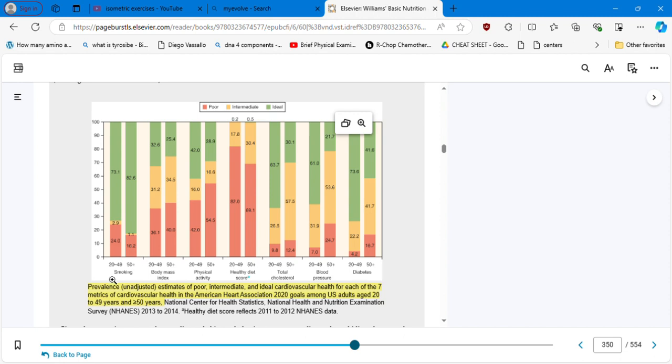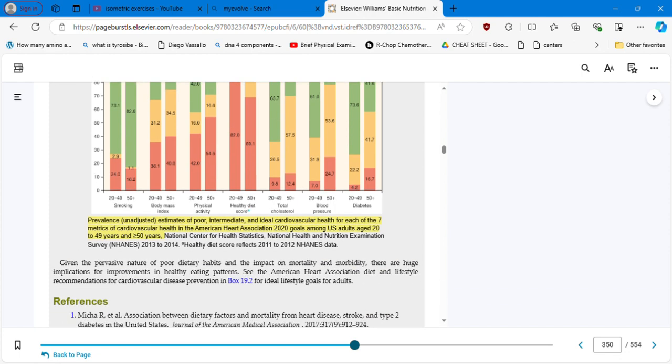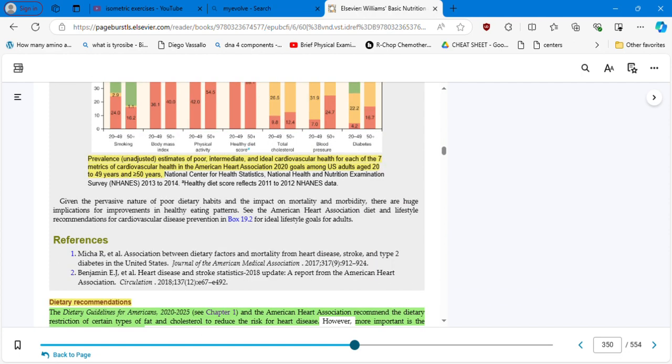But the good one, look at this, between 20 and 49 they have the green, which is ideal, and they are talking about smoking. So there is a good group of people that are avoiding smoking right now with the new regulation and the prices of the cigarettes. This is somehow helping the healthcare system.